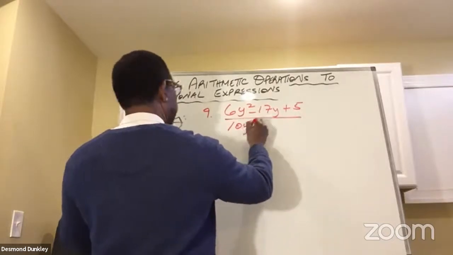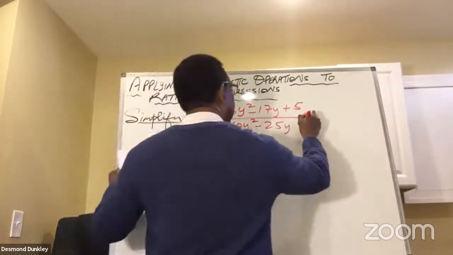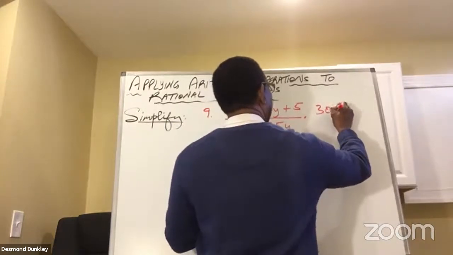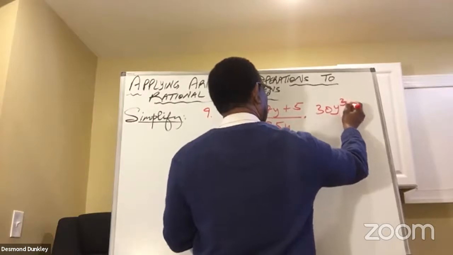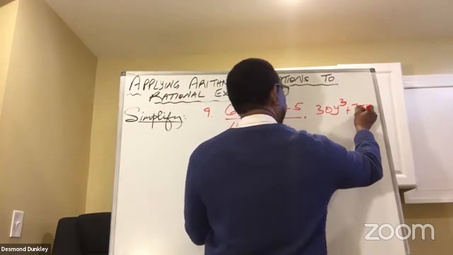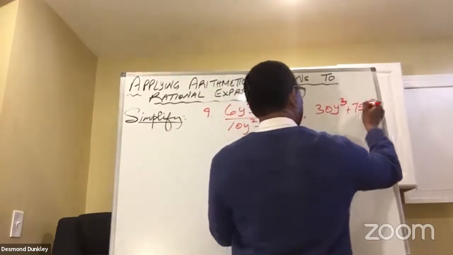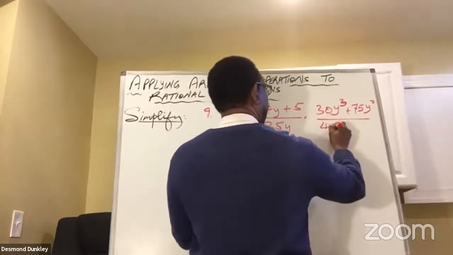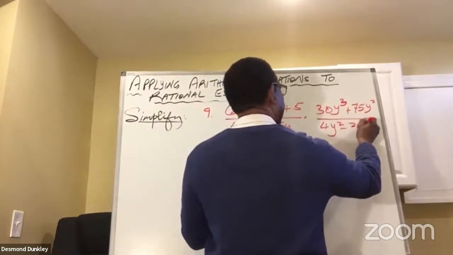10y squared minus 25y times 30y cubed plus 75y squared over 4y squared minus 25.